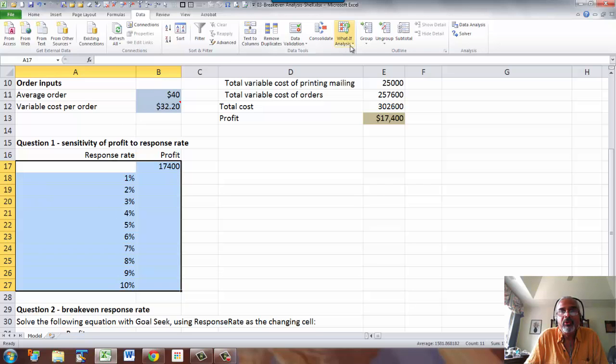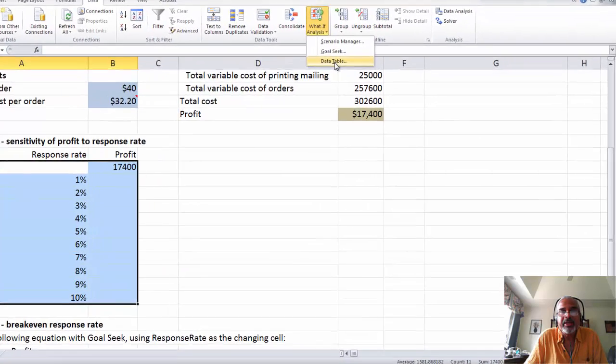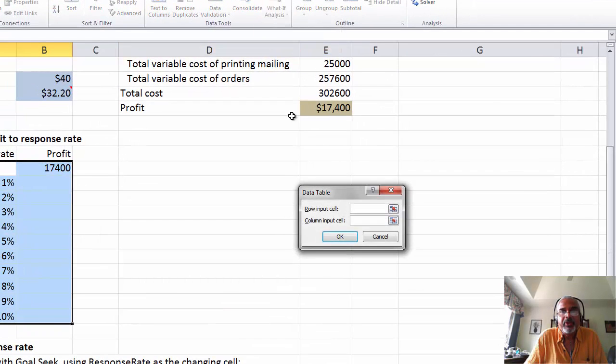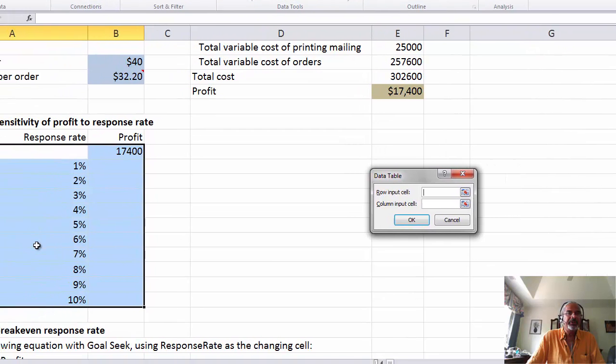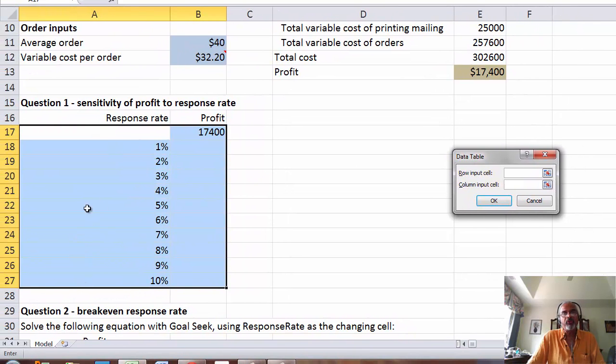Then you go to Data, What-If Analysis, and Data Table. Now we have two different input cells, row input cell and column input cell. This particular table has only one input, which is the response rate. If you have two different inputs, then you'll use both these input cells. But since this data table has only one set of input values, we have to use only one of these two. And you look at how the input values are set up.